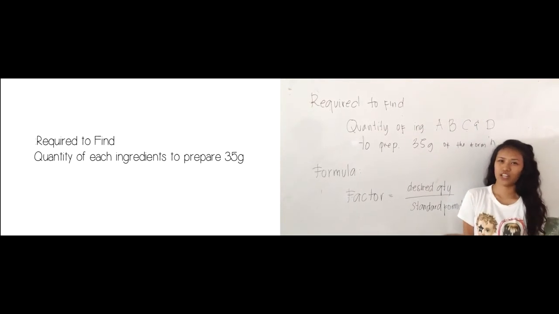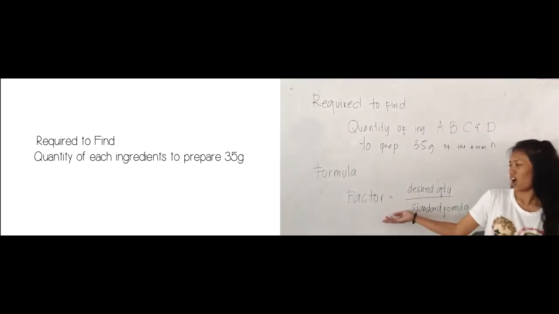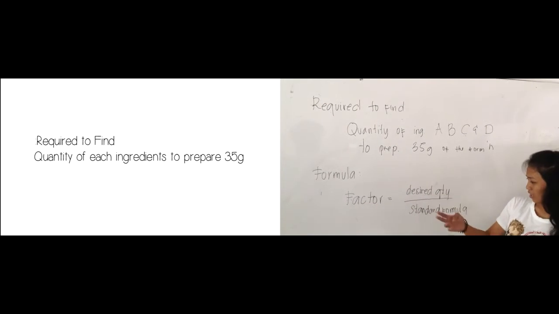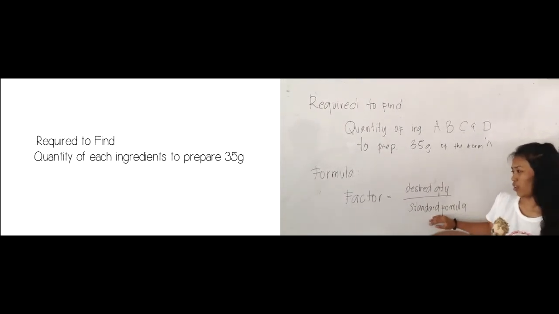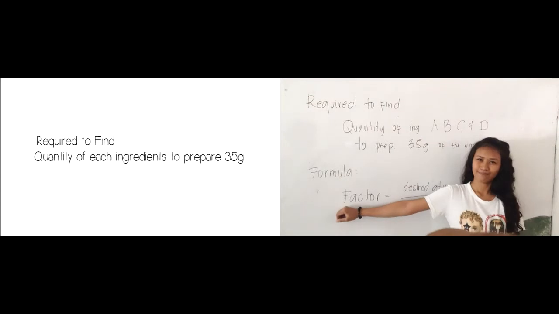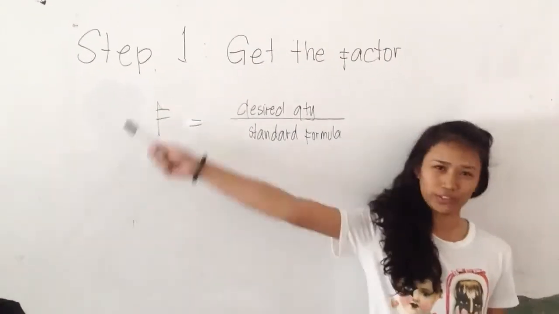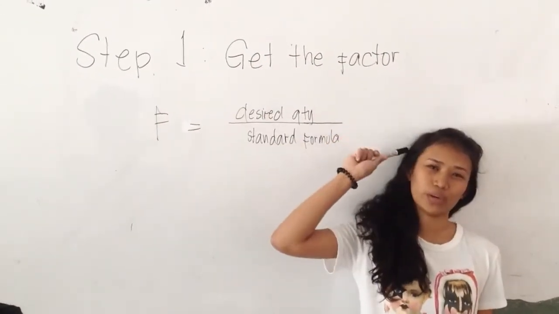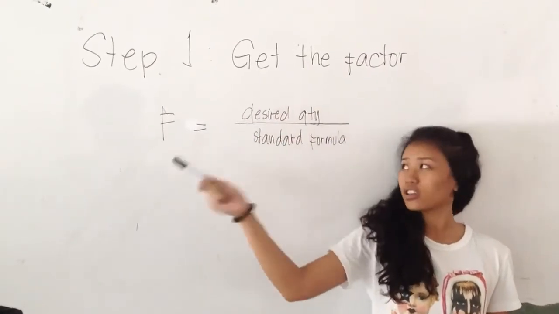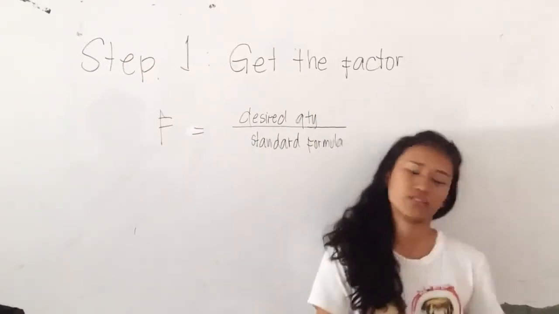We're going to use this formula, desired quantity over standard formula, in order to get the factor. For the solution, we're going to follow these steps. First, we're going to get the factor using this formula. Now we're going to substitute.